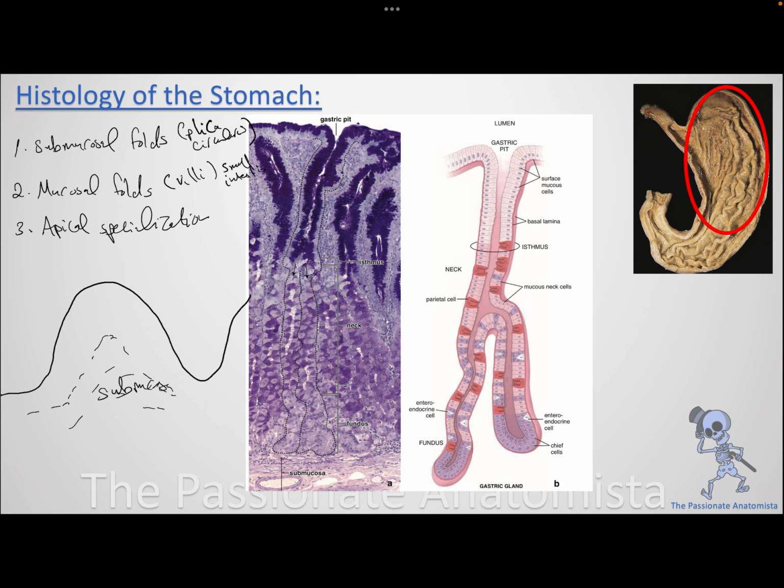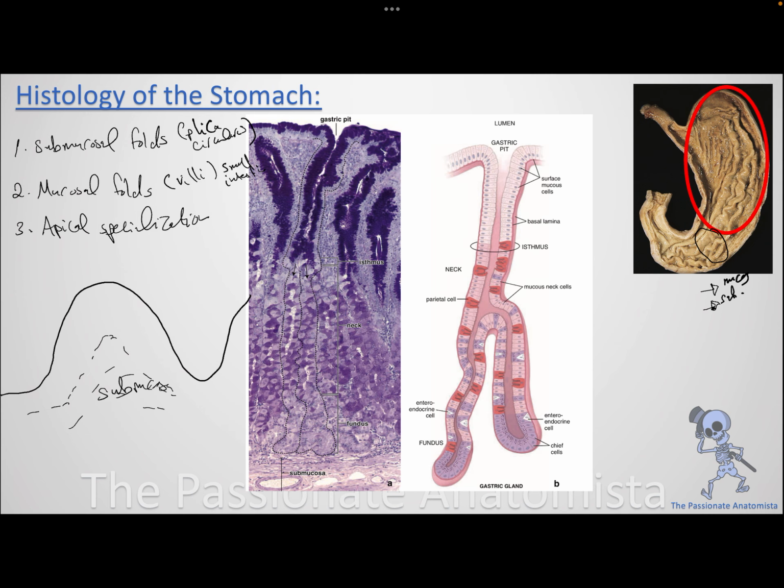You know by now that we have 4 layers in the GIT. I have the mucosa with its 3 layers, and I have the submucosa. Basically, what is forming these folds starts from the submucosa itself. So this is the mucosa, this is the submucosa, and these are the folds. Down to this, I have the muscularis and adventitia. These are down, they are not folding.